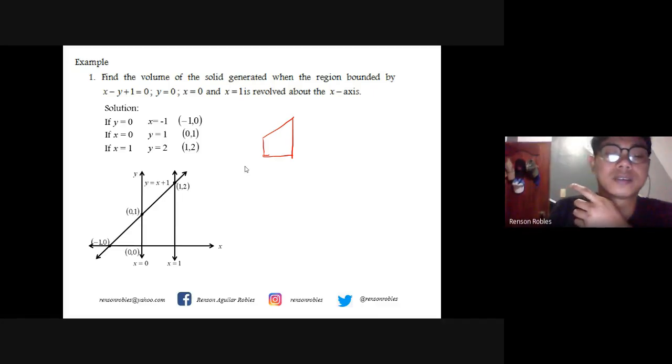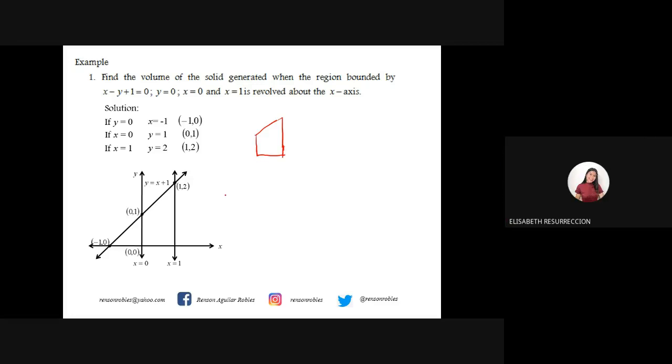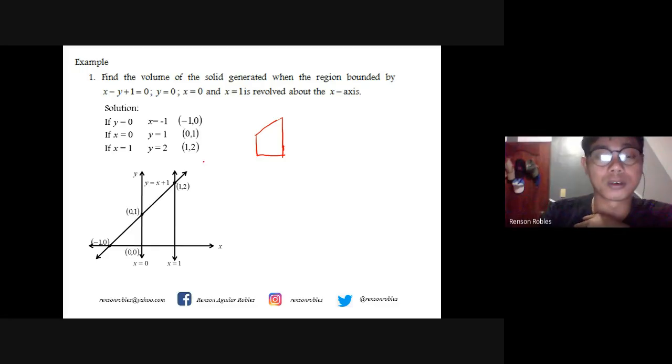Ito yun, oh. So, horizontal, boundaries here until here. But when you reach this point, nagbago na yung kanyang boundaries. But when you do it vertically, how many slices? 1 lang po, sir. So, ibig sabihin, the most appropriate technique here is vertical.